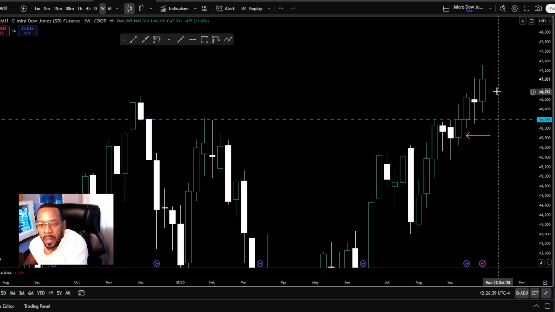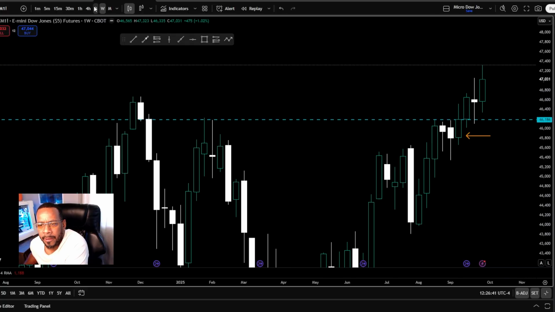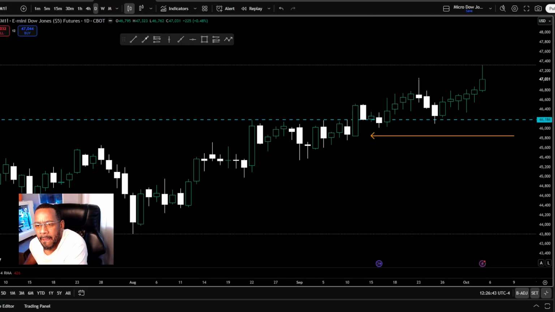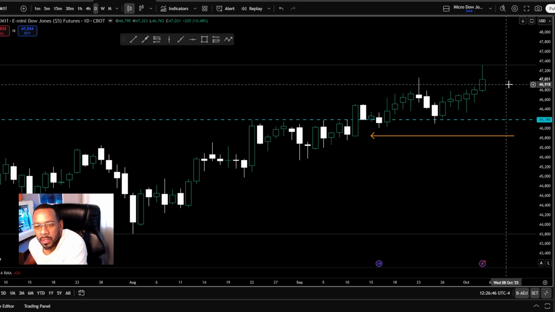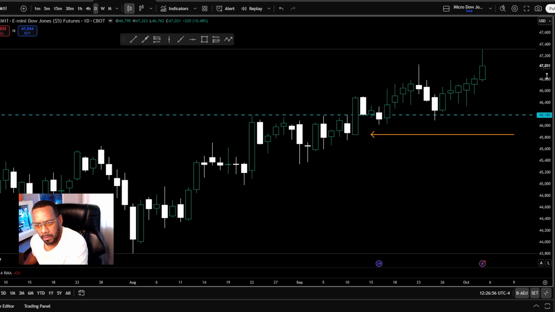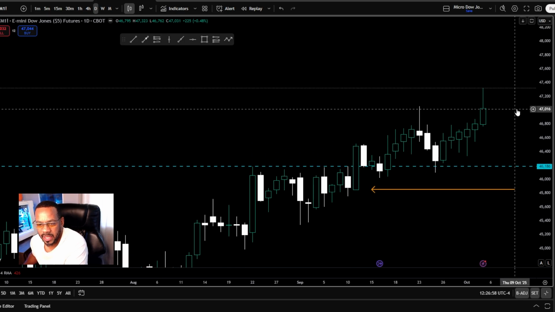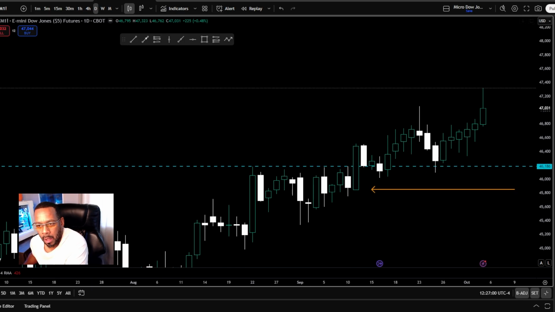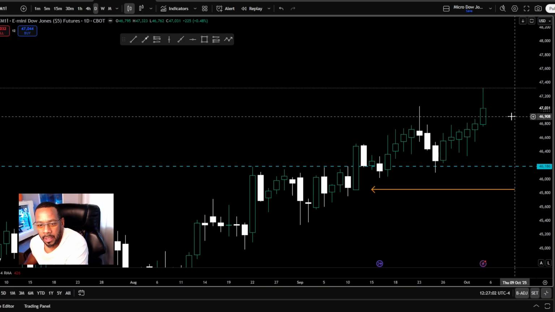Let's look at the daily again. Our only opportunity right now is looking good for 46,870-ish. Price just comes back and touches into this area, then continues up from daily.